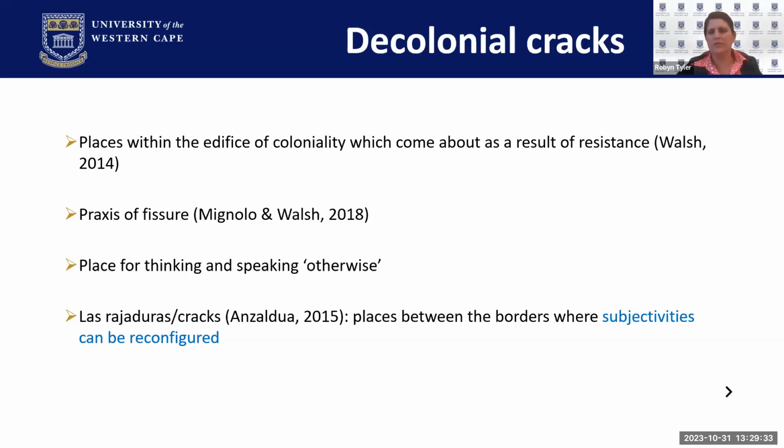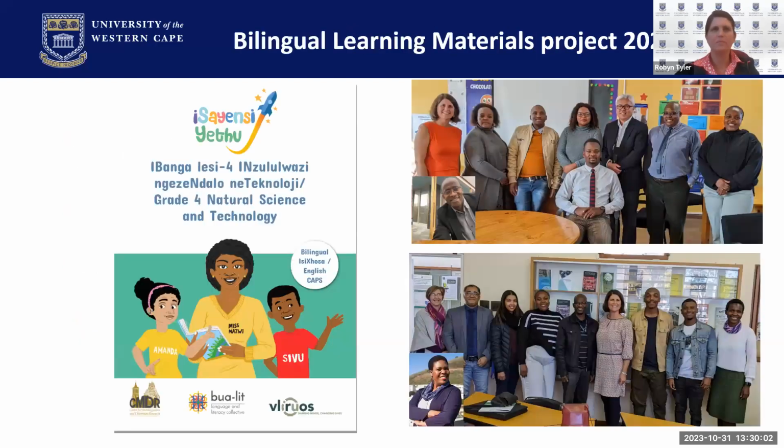And in particular, for this presentation, the work of Gloria Anzaldúa, who wrote about borderlands and wrote a lot about bilingualism, describes how the places between the borders, she wrote a lot about the border between Mexico and the US, but also spiritual and political borders, are places where subjectivities can be reconfigured. So that's a concept that I'm going to be drawing on in this presentation.